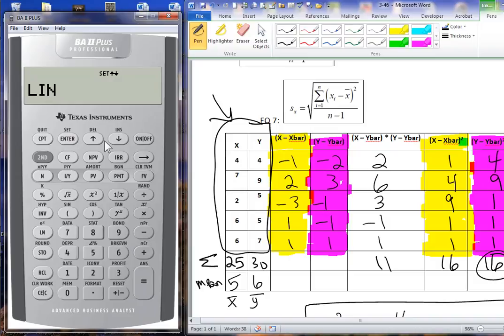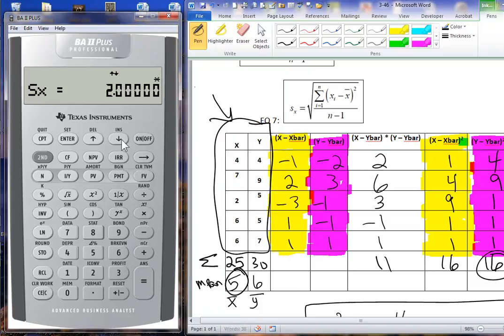So I'm here, and in order to display the calculations that the calculator has made for me, all I need to do is arrow down. So click on arrow down, and it says n is equal to 5 because we had 5 paired observations of x and y. Next calculation is 5, the mean of x values, which we computed here.